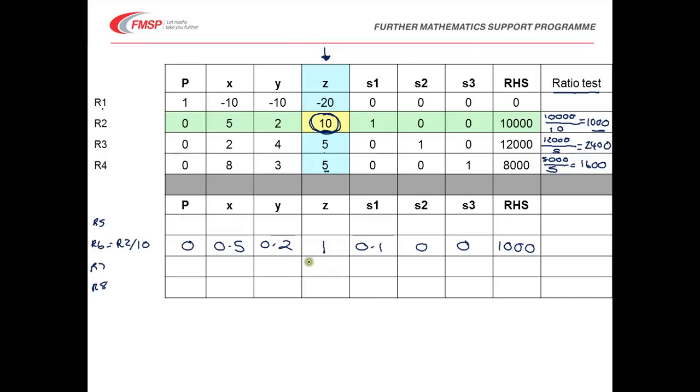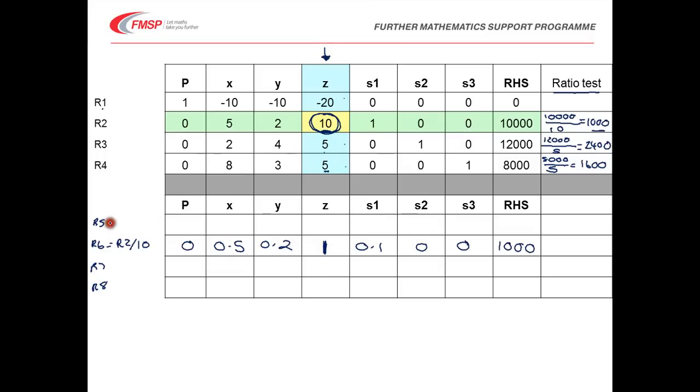Right, once we've got a 1 in our pivot row for our pivot element, then we want to get zeros in this row so that we make this column a column of basic variables. Z will be basic. So we need to work out how many of this number 1 we need to add or subtract to our rows up here in order to get zeros in the Z column.